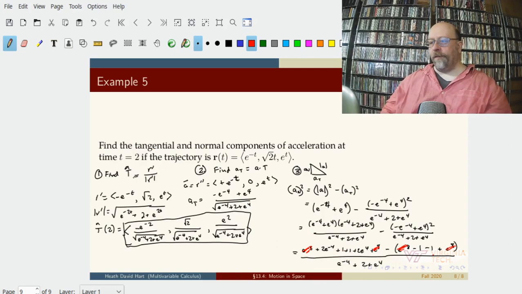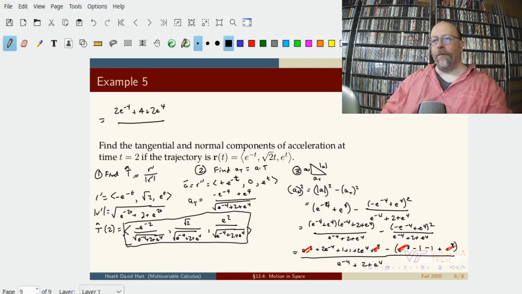All of this, I'm going to go back up here, is equal to 2e to the negative 4 plus 4 plus 2e to the positive 4 over e to the negative 4 plus 2 plus e to the positive 4. That's what we have here: 2e to the negative 4, 2e to the positive 4, plus 1 plus 1 plus 1 plus 1 is plus 4. But what happens here?